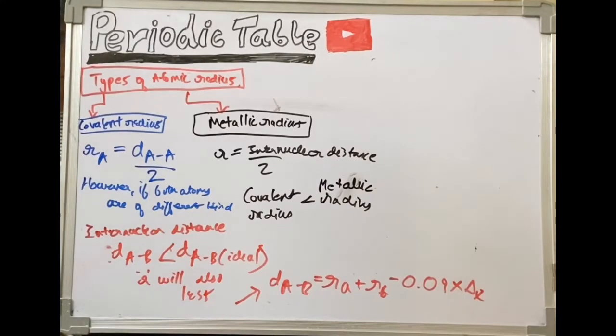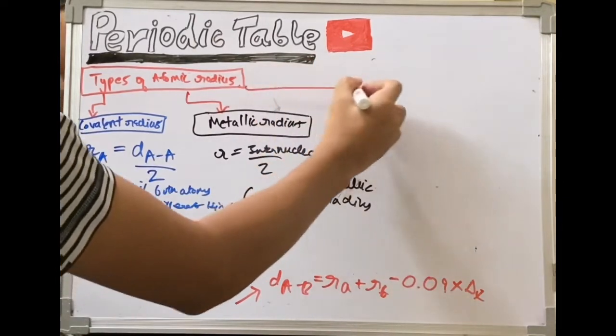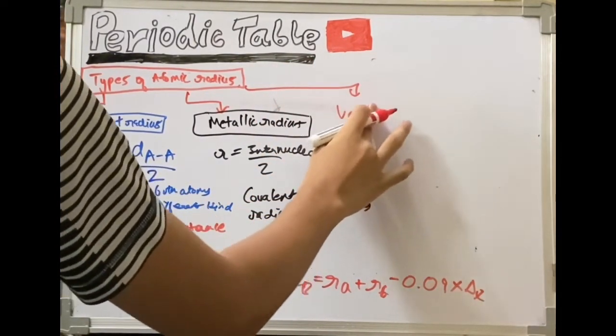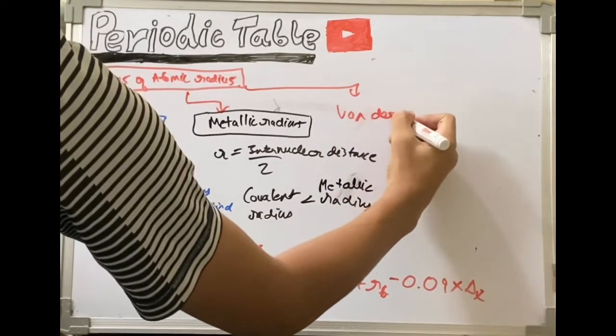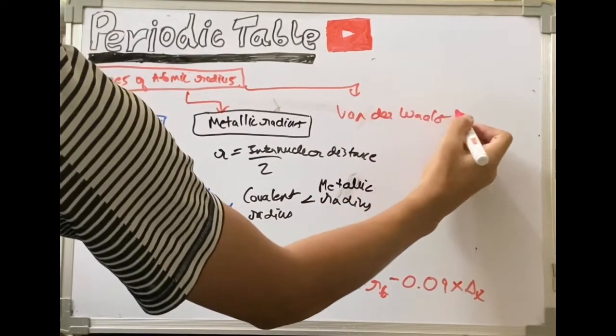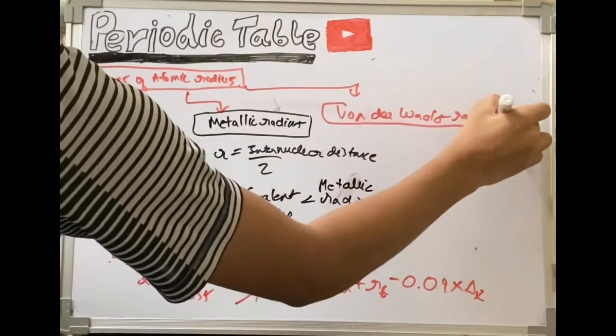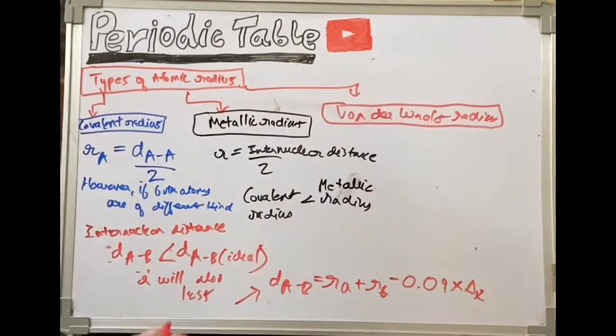Okay, now we come to the third one, and this is van der Waals radius or collision radius. So the molecules of non-metallic atoms are generally gases.